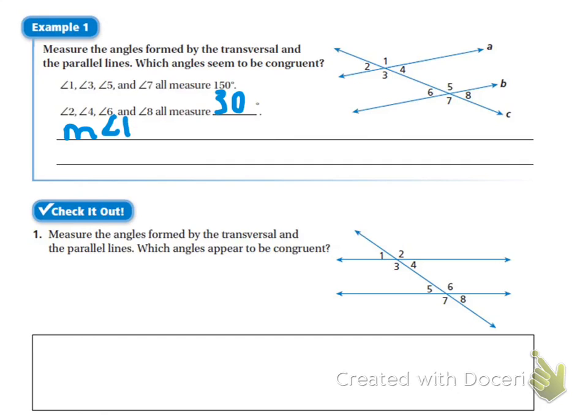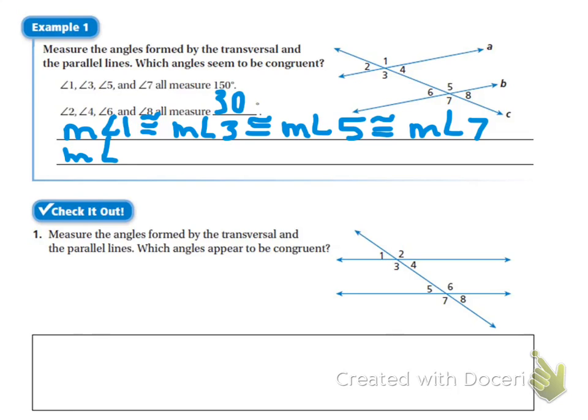Measure of angle 1 is congruent to the measure of angle 3 is congruent to the measure of angle 5 is congruent to the measure of angle 7. Measure of angle 2 is congruent to the measure of angle 4 is congruent to the measure of angle 6 is congruent to the measure of angle 8.